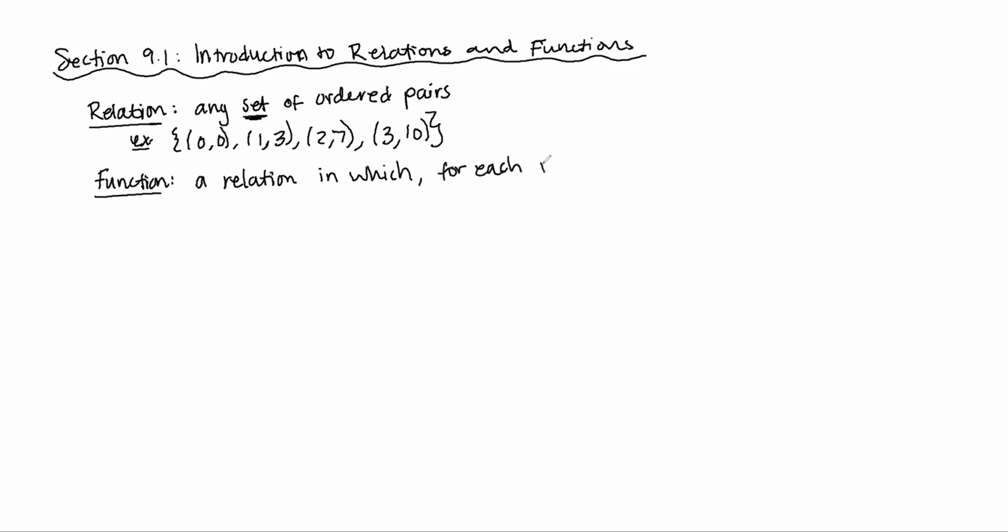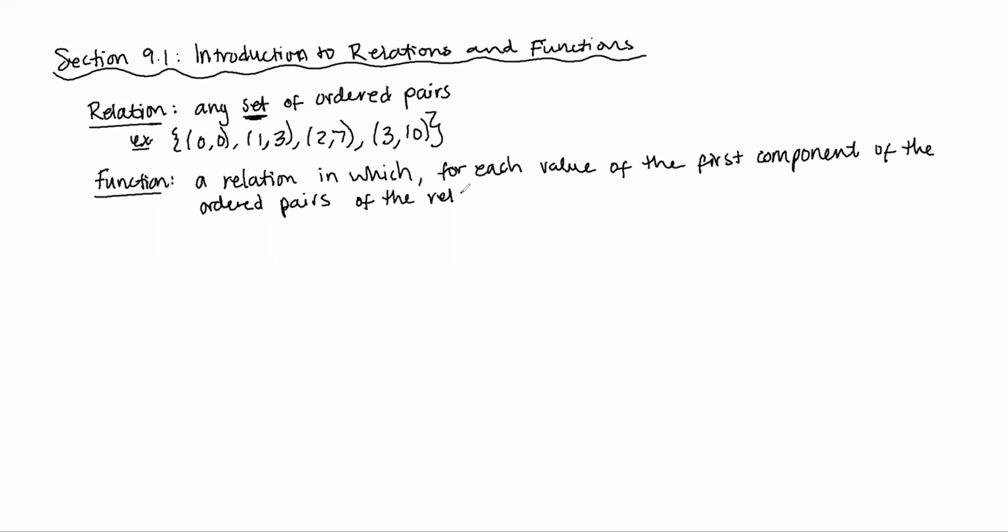For each value of the first component, and in most cases that's the x, so the first component of the ordered pairs of the relation, there is exactly, and this part's important, exactly, not at least, one value of the second component.